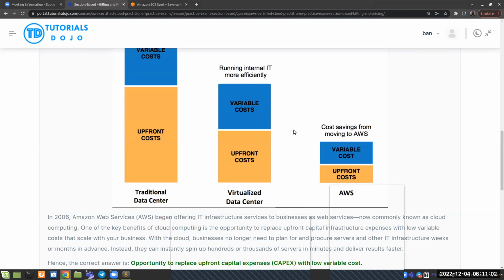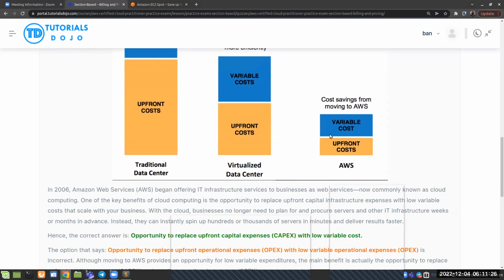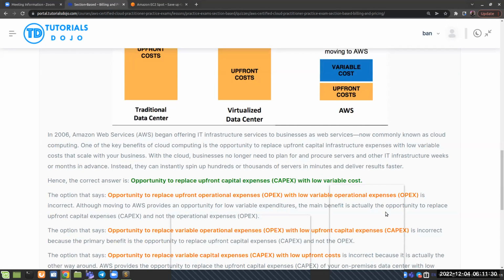But when you're in AWS, remember that you don't have any hardware. You can just log into your account and create an EC2 instance. The upfront payment is very low, and you can decide what you want to use. And then the variable cost is also very low. So you are replacing upfront costs with very low variable cost. That's something you should remember.